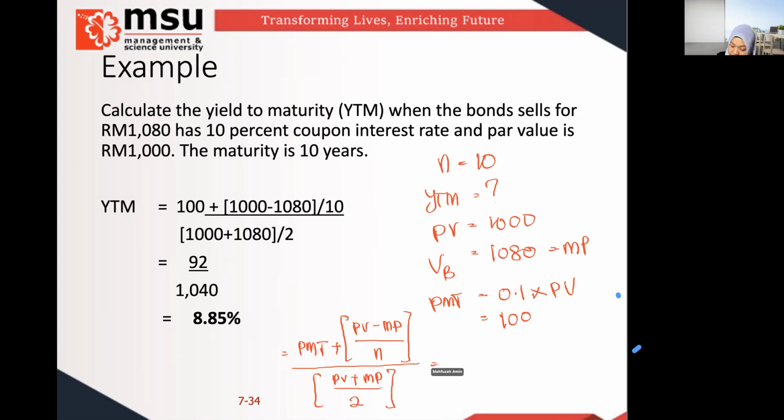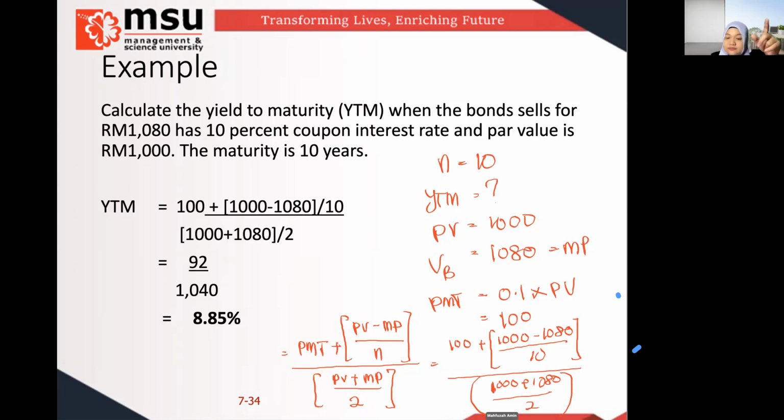Alright, so coupon payment is 100 plus par value is 1000 minus 1080, divided by N. N is 10 years. The upper side is par value minus market price. The lower side is par value plus market price, so 1000 plus 1080 divided by 2.